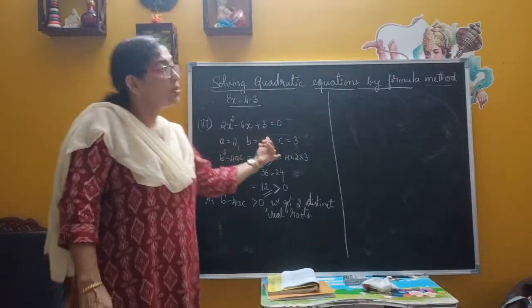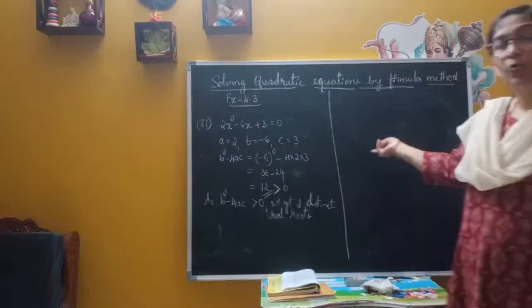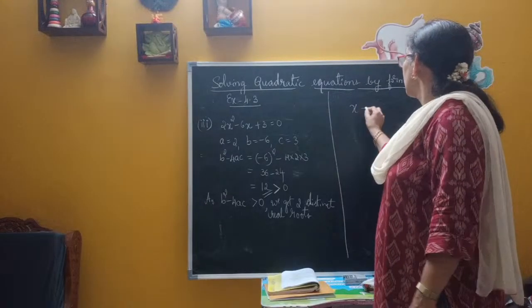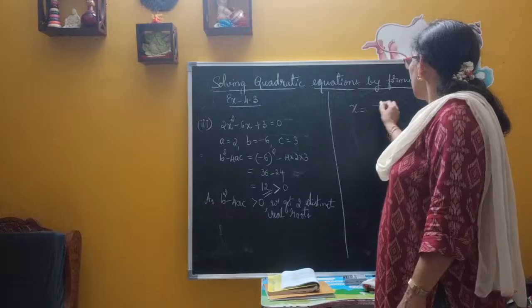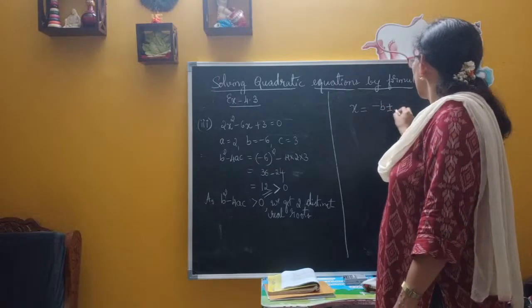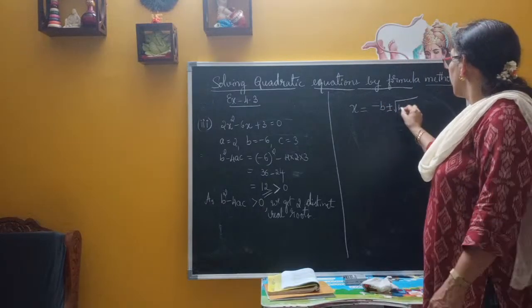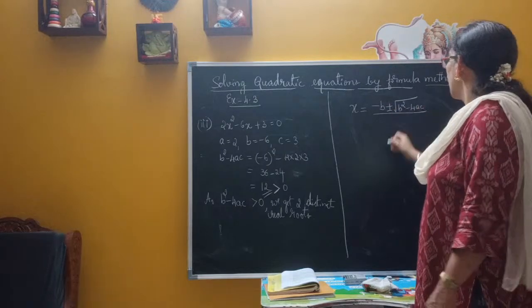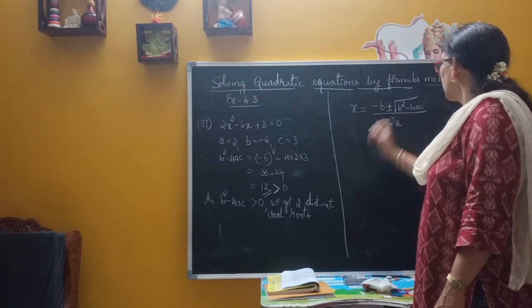So here also we can use any of the methods in the exam. Now let me use the quadratic formula. The quadratic formula: x is equal to minus b plus or minus square root of b square minus 4ac, whole divided by 2a.